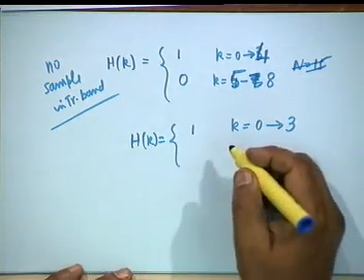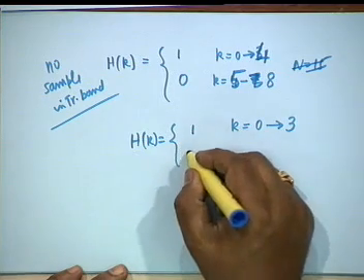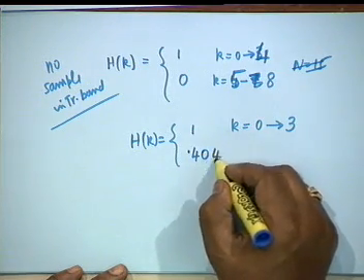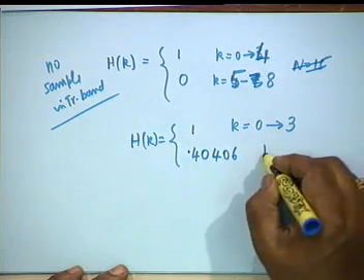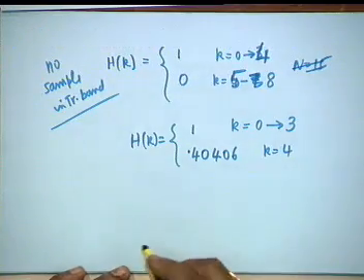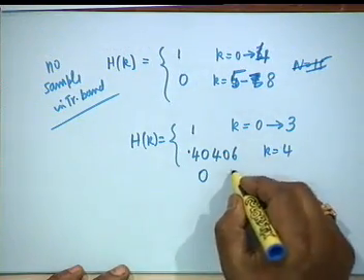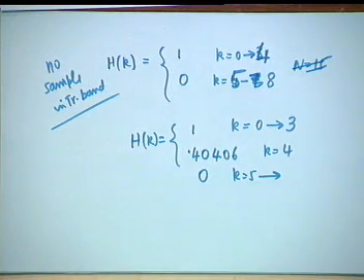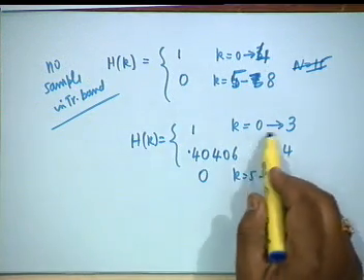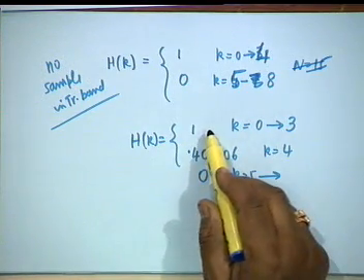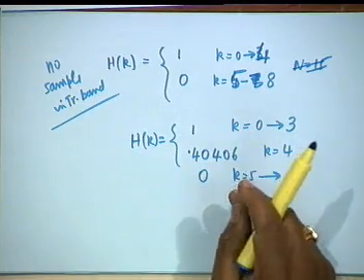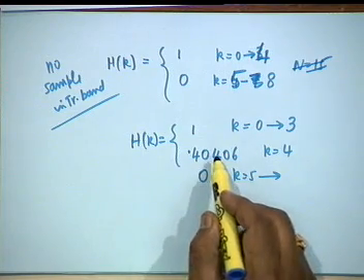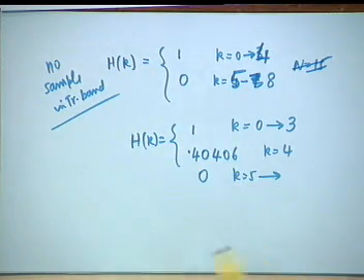Suppose we do this, k equal to 0 to 3, then the intermediate sample would be 0.40406, k equal to 4, one sample in transition band, and 0, k equal to 5 to whatever the number is. Or I can do this 0 to 4, I can keep 1, then the 5th one I can allow the value to be this. Who determines the value? The linear fall.